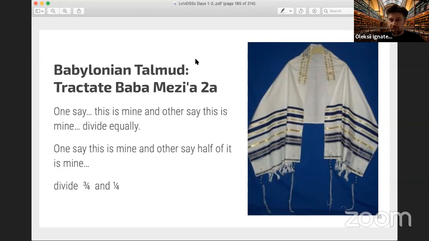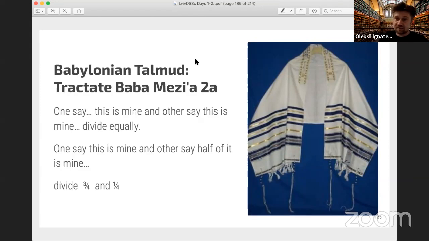There are 2 persons, and they found some cloth, but it can be applied to any property with uncertain rights. One says this cloth is mine, and the other says this cloth is mine. In this situation, the Talmud proposed to divide it equally.